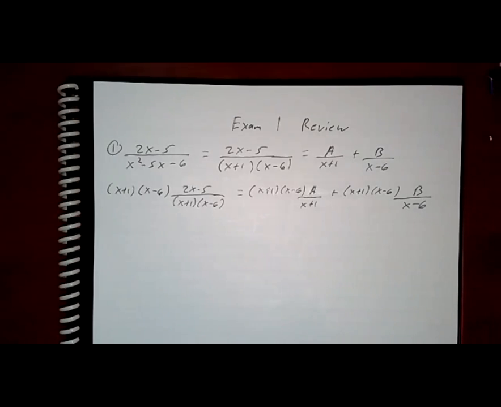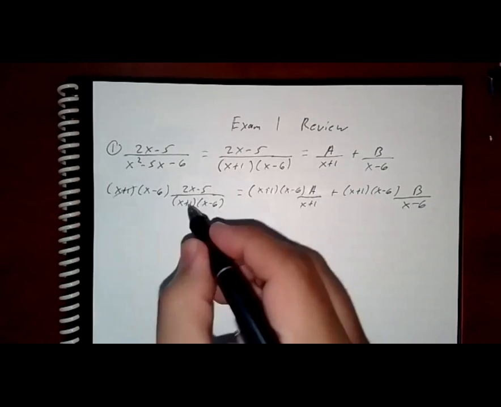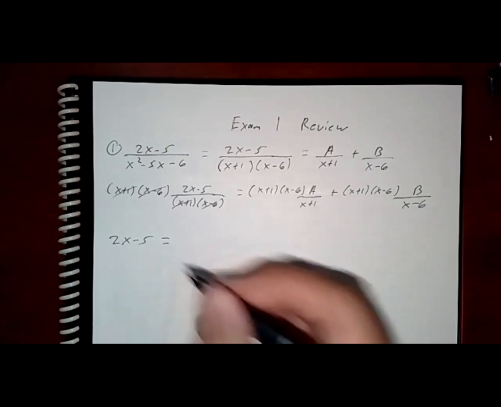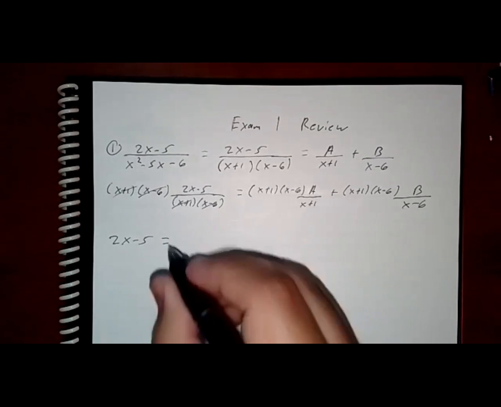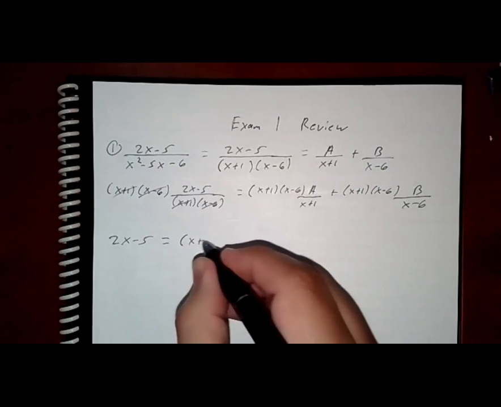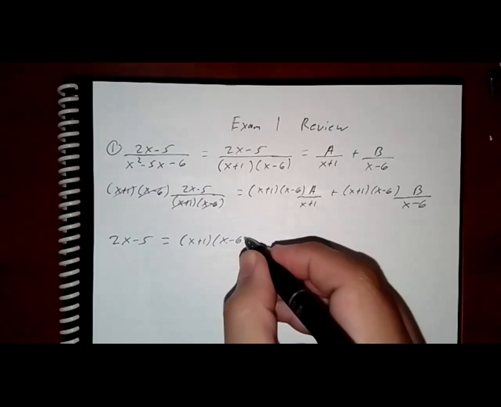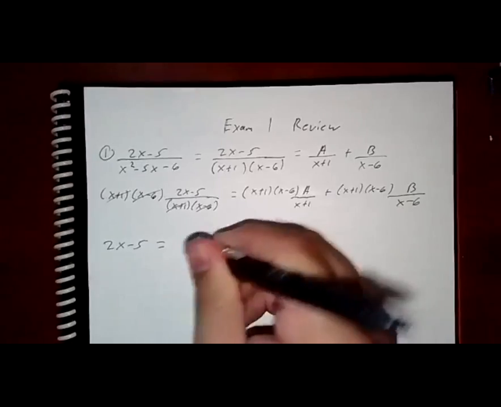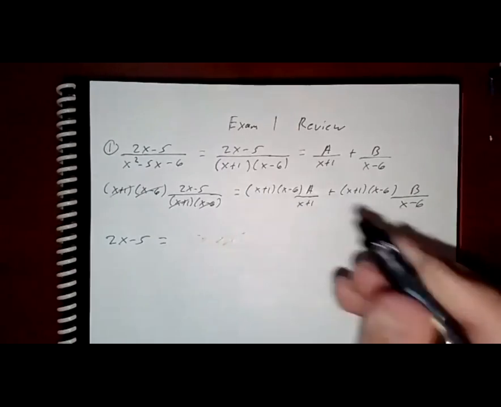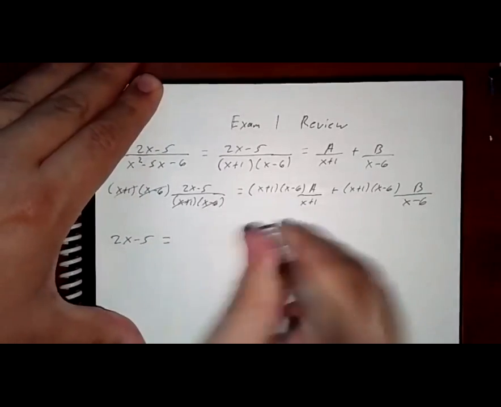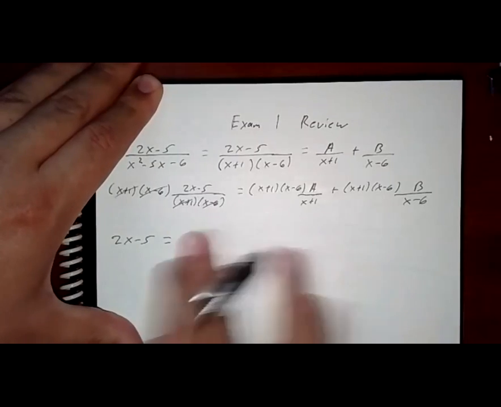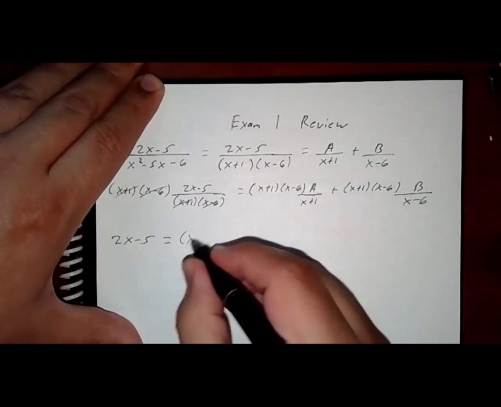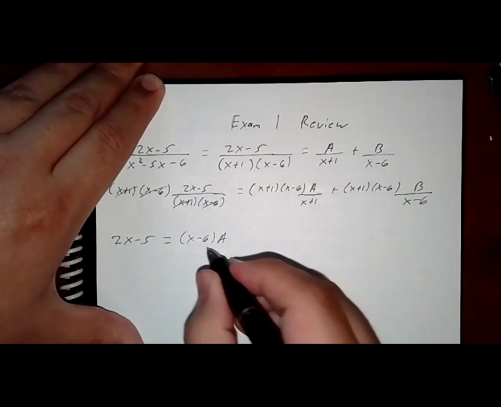Okay. So we already know that the left-hand side always cancels this way. So we're left with 2x minus 5 equal to x plus 1 times x minus 6. Oops, sorry. Actually, one of those cancels too. So this will be x minus 6 times the a over x plus 1.